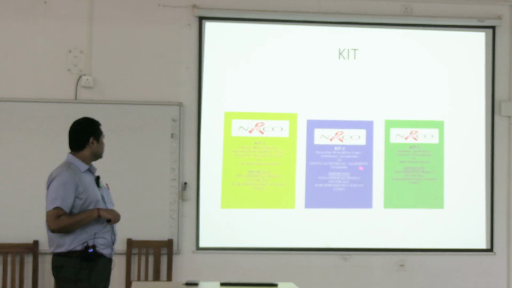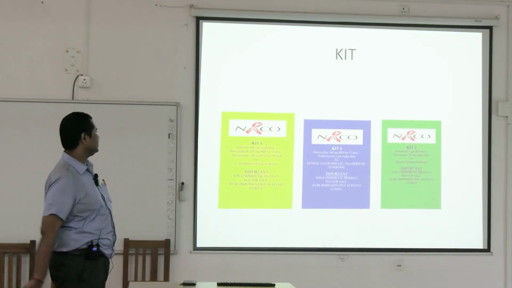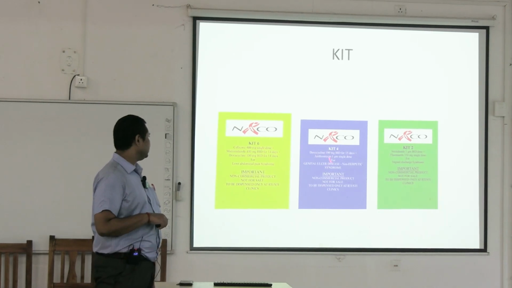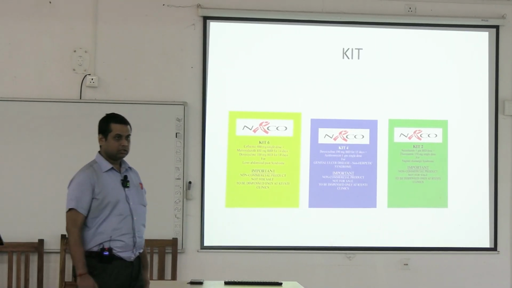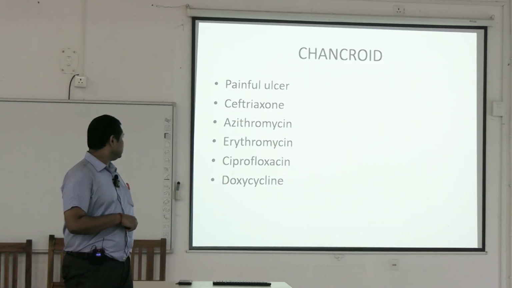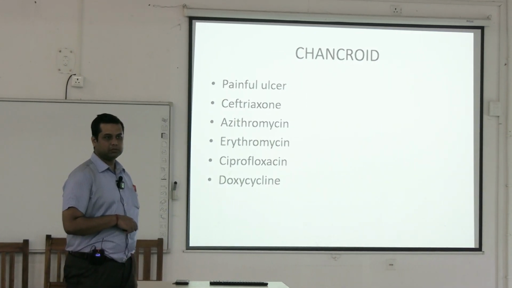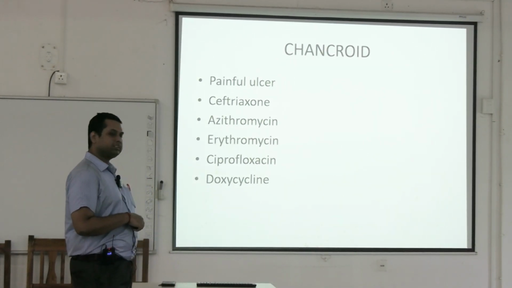Then you see genital ulcer non-herpetic syndrome. You see what is there? Doxycycline and azithromycin. Okay? So you see chancroid is being treated by azithromycin, doxycycline.